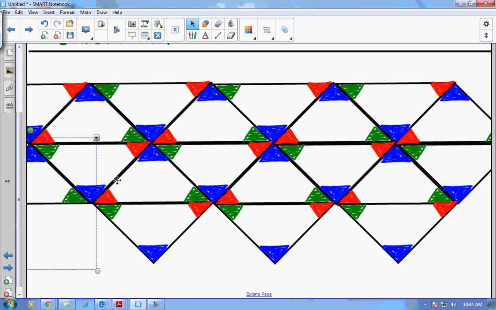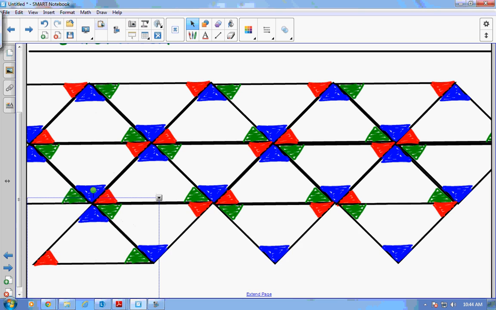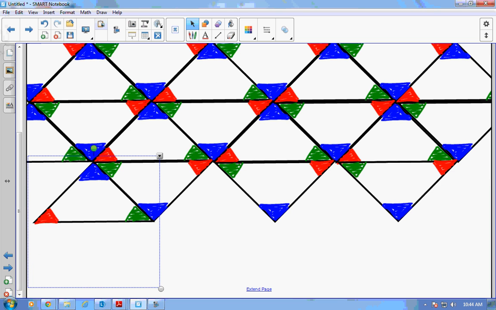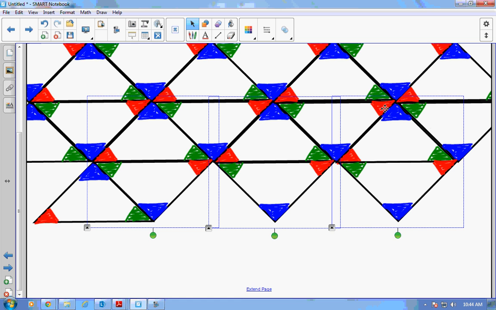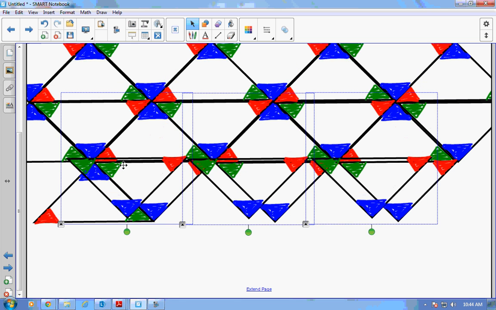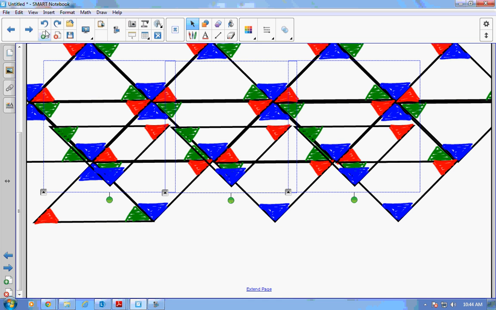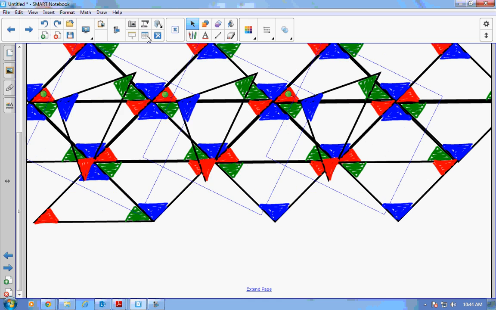I am cheating. Oops, that is the wrong one. I guess I can just rotate it.